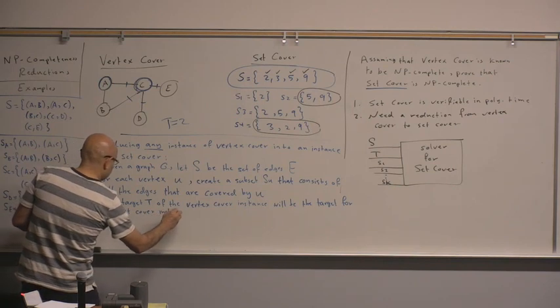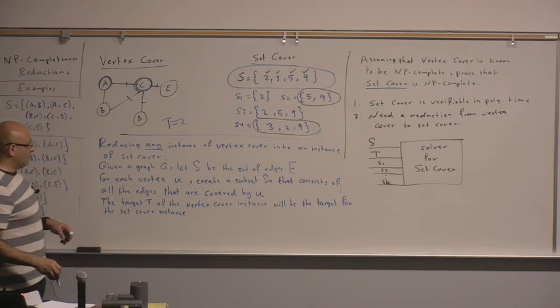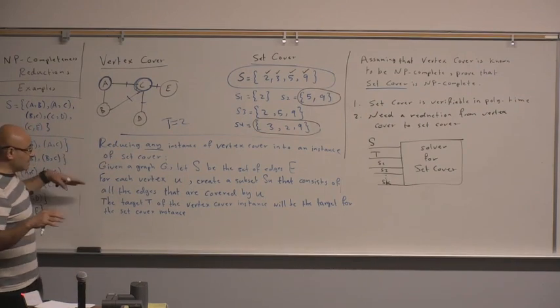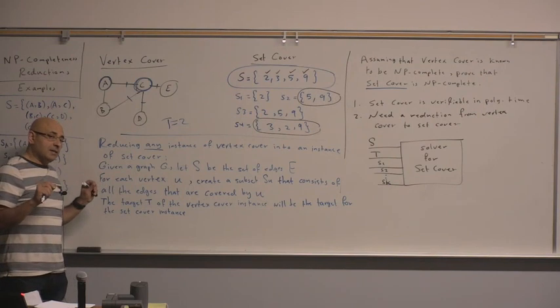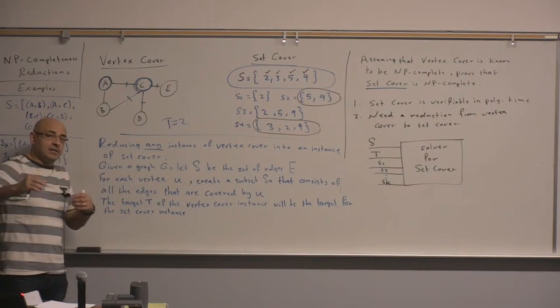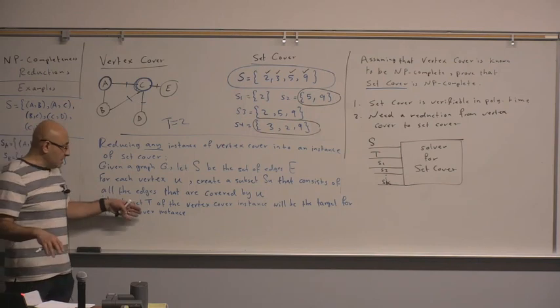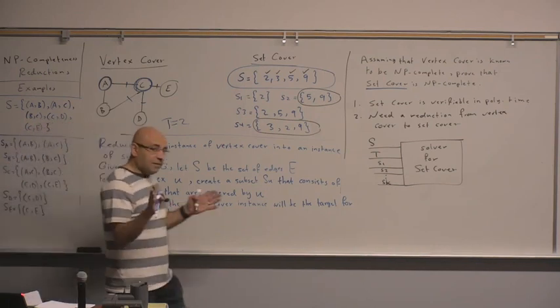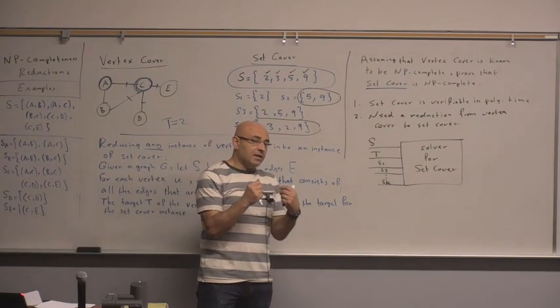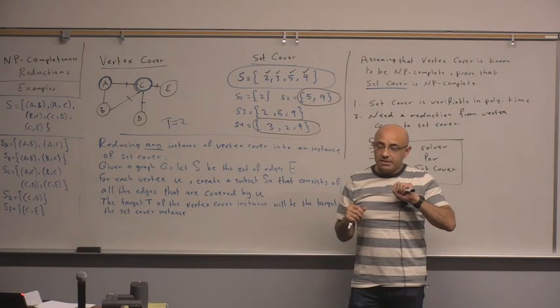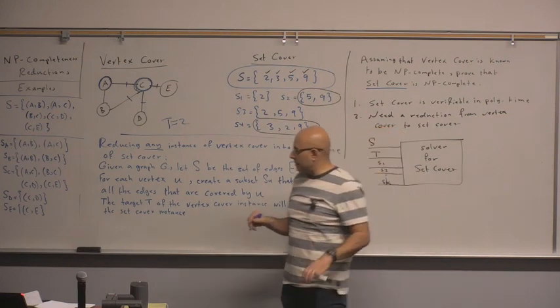So the target is the same. The complete set is the set of edges. The subsets are, for each vertex, there is a subset that has the edges that are incident on that vertex. And the target T for the given vertex cover instance, we just use the same T for the set cover.